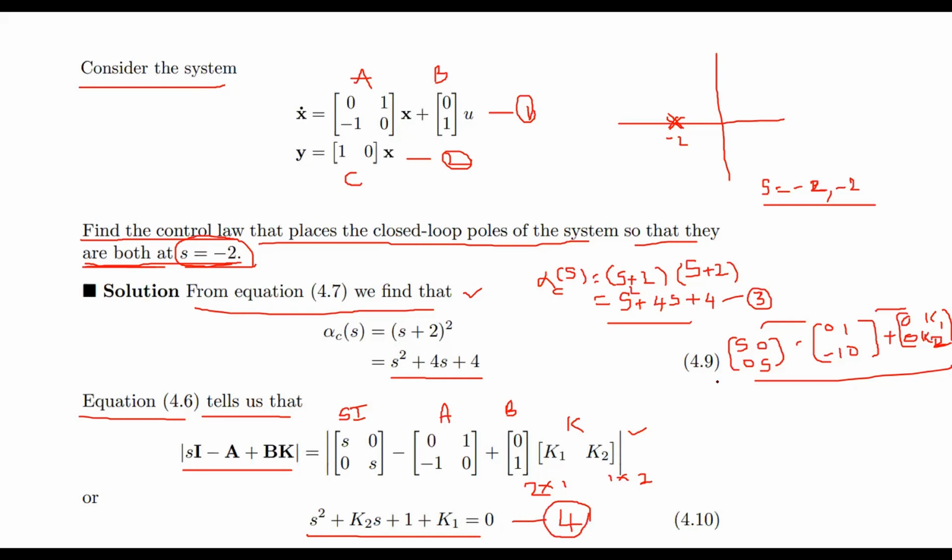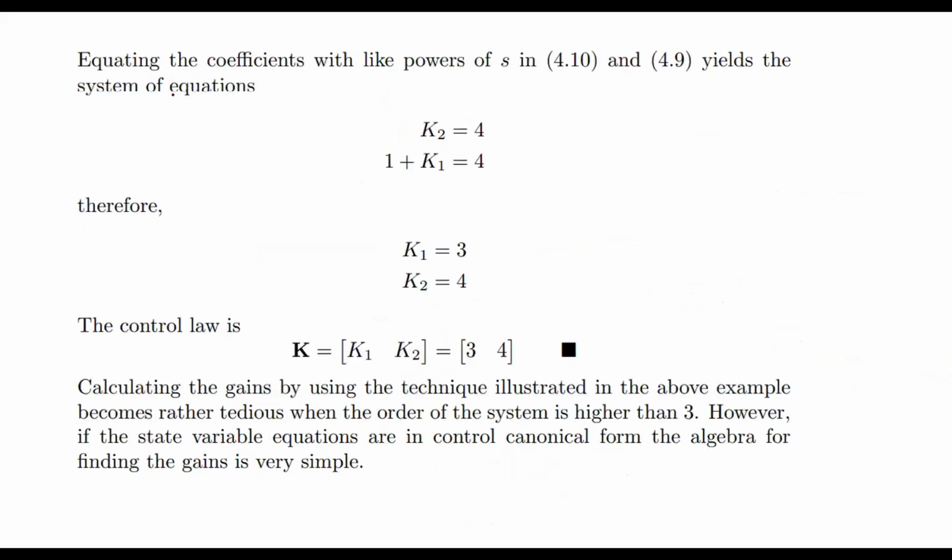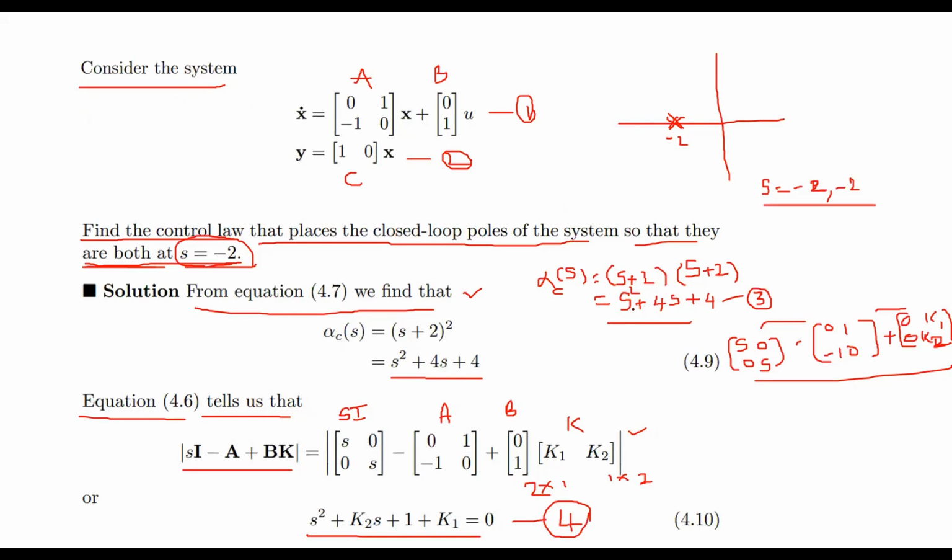Equation number 4. Coming to this one, by equating the coefficients of equations 3 and 4 with respect to powers of s. What is equation 3? s square plus 4s plus 4. What is equation 4? s square plus K2 s plus 1 plus K1. So you have to equate both equations 3 and 4 with respect to powers of s.